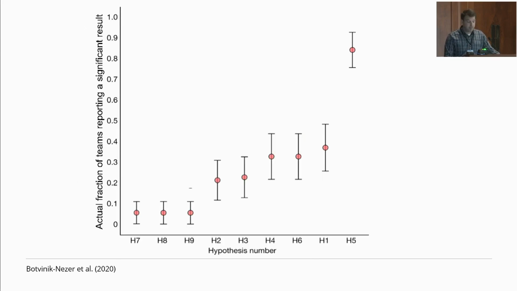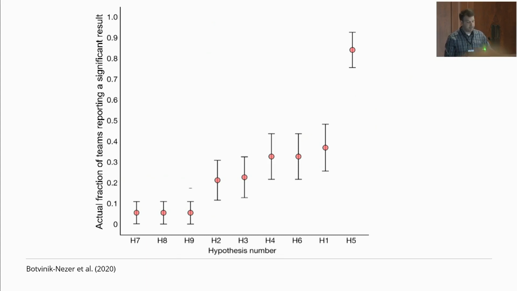Here's a last example from neuroscience. 70 teams here analyzed the same neuroimaging data set to test 9 distinct hypotheses, you can see on the bottom. The y-axis here shows what proportion of the teams observed a significant result for each of these hypotheses. Only one, H5 on the right, did all the teams consistently have a positive significant finding, while 3 on the left were consistently non-significant findings across teams.